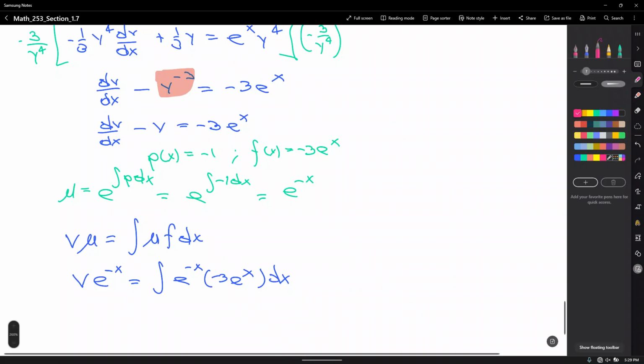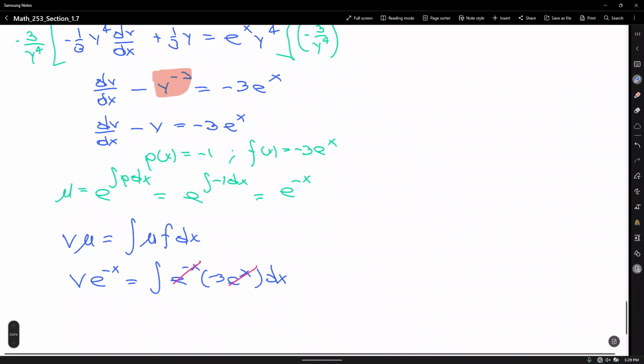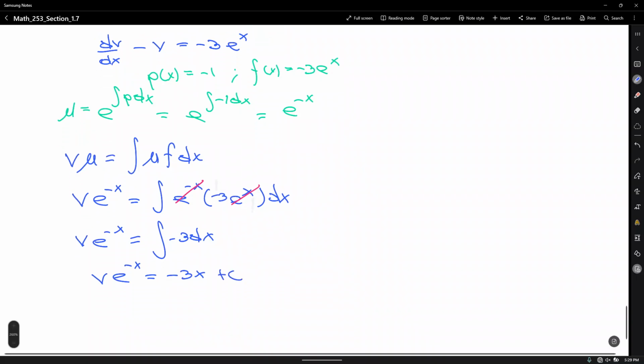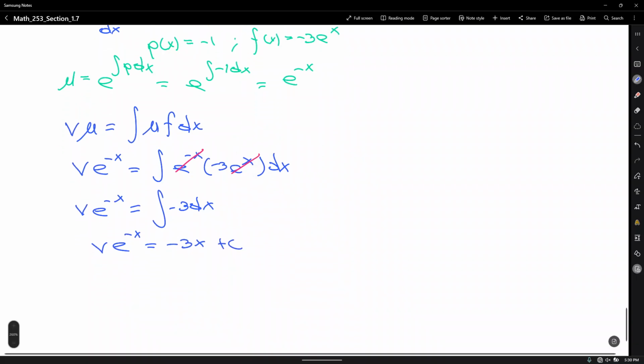Do you see what's going to happen here? e to the negative x cancels e to the positive x. So v e to the negative x equals the integral of negative 3 dx, which is negative 3x plus c. So we're essentially done with the integration and essentially with the solution to the equation.